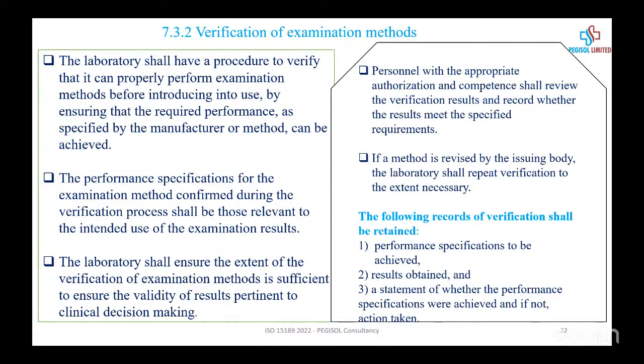You now decide to reduce it to 500 microliter and 5 microliter. So you have changed the original method. If you want to start using this reduced volume, you still have to go back to do verification before you can start using it fully.